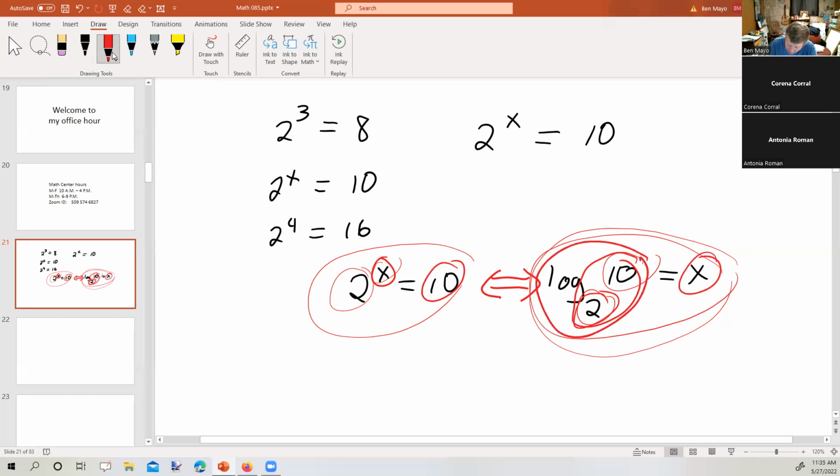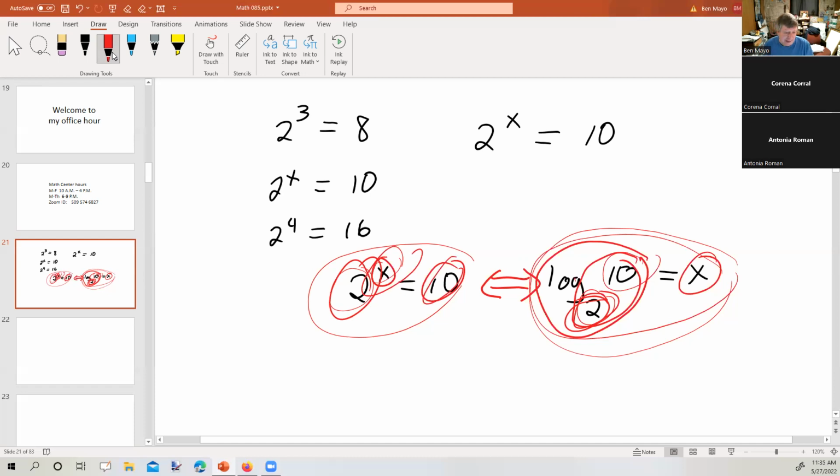Now this is not 2 to the 10th power, so it's not exactly the same form as the other side. We say log base 2 of 10. But what I want you to notice is that the bases are the same in both cases, and the other two numbers change places, okay?